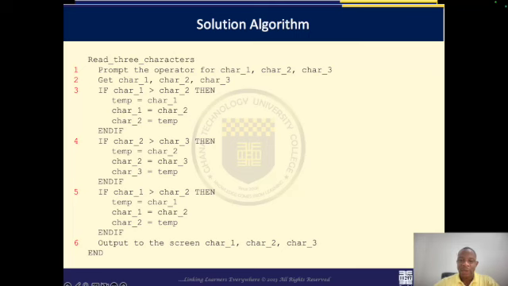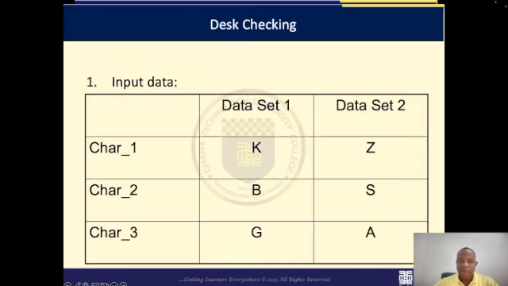So you see that when we continue to repeat this a number of times, we would sort our characters in ascending sequence, and then on line 6, we can successfully print out these characters. Remember, we said after writing your algorithm, you can take a set of data to test your algorithm.